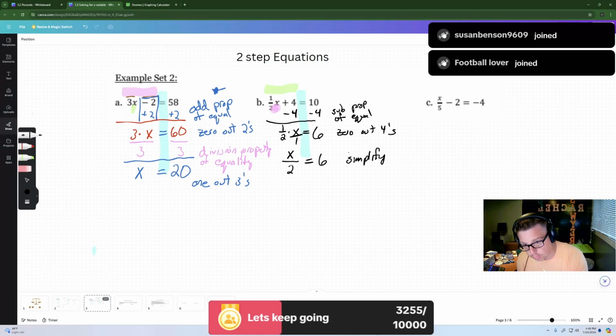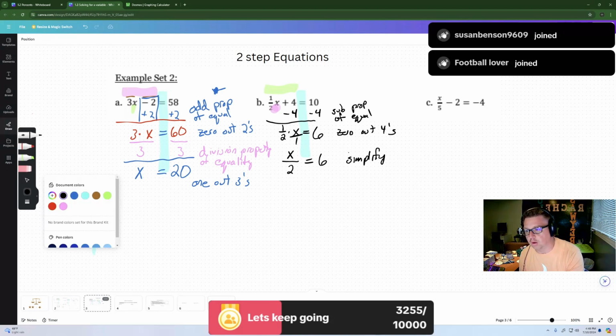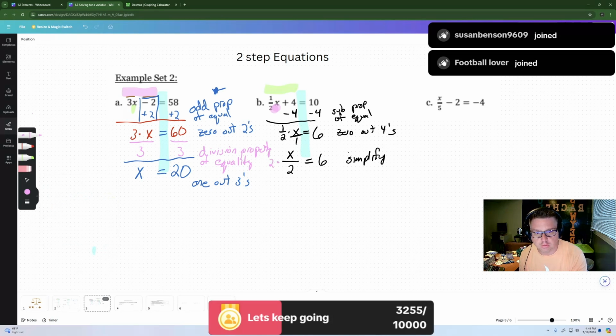So how do we get rid of divide by 2? We want to do our inverse operation of multiplication. So I'm going to times it by 2. So this is going to be the multiplication property of equality. So we could do 2 times and 2 times.